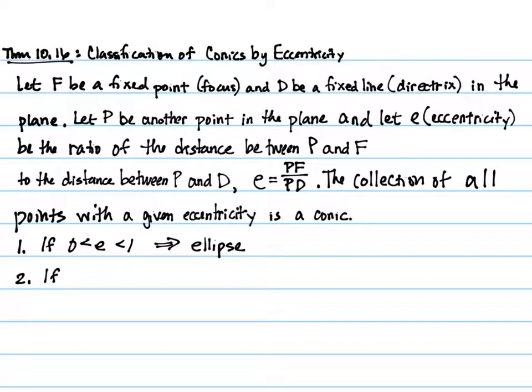If the eccentricity is equal to 1, we have a parabola. And our third option is if the eccentricity is greater than 1, then we have a hyperbola.